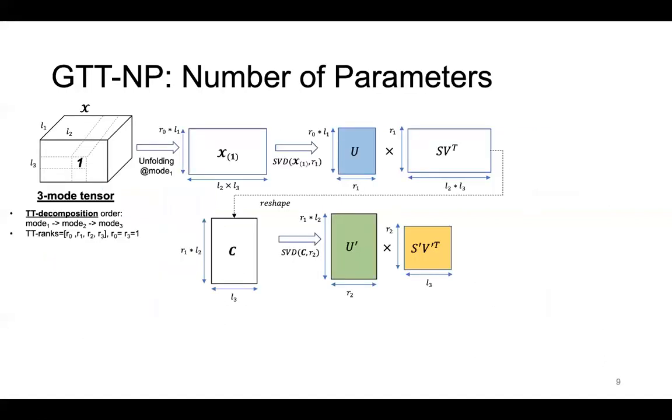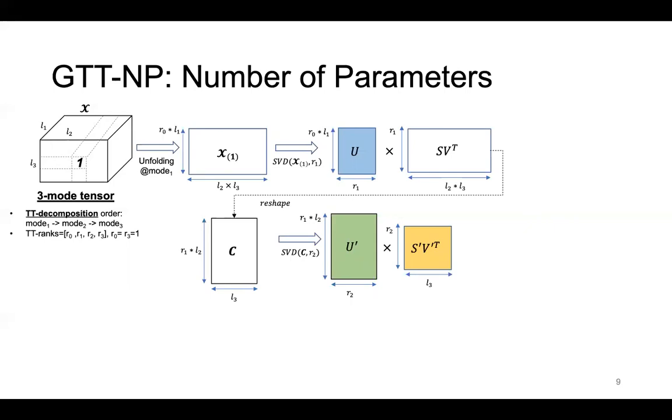The first selection strategy we propose, we call it GTT-NP, which is based on the number of parameters to decide the decomposition order. So the idea of this approach looks like this. The picture I show is the process of the tensor train decomposition as we showed in the previous slides.